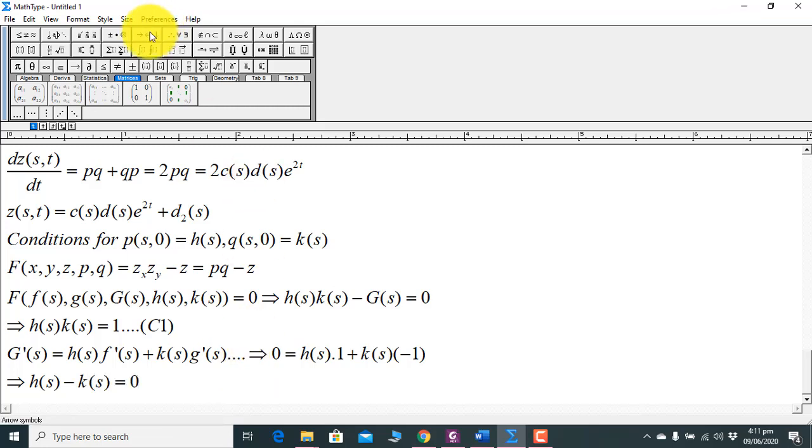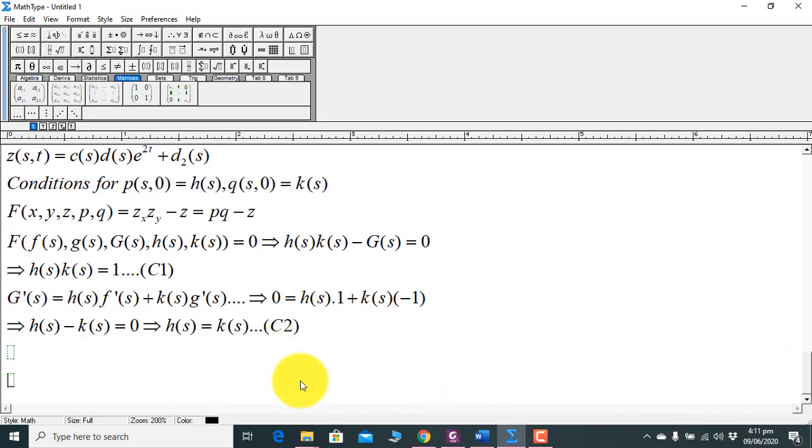So this gives you the condition that H of s is equal to K of s, and this was obtained from condition 2. Very good. So if H and K are equal, from condition 1 you can say that H square is 1 or K square is 1.